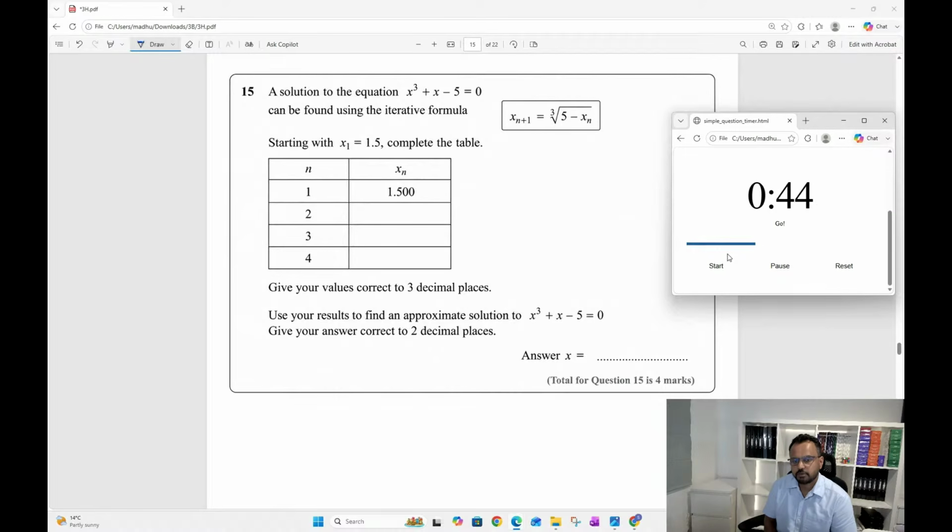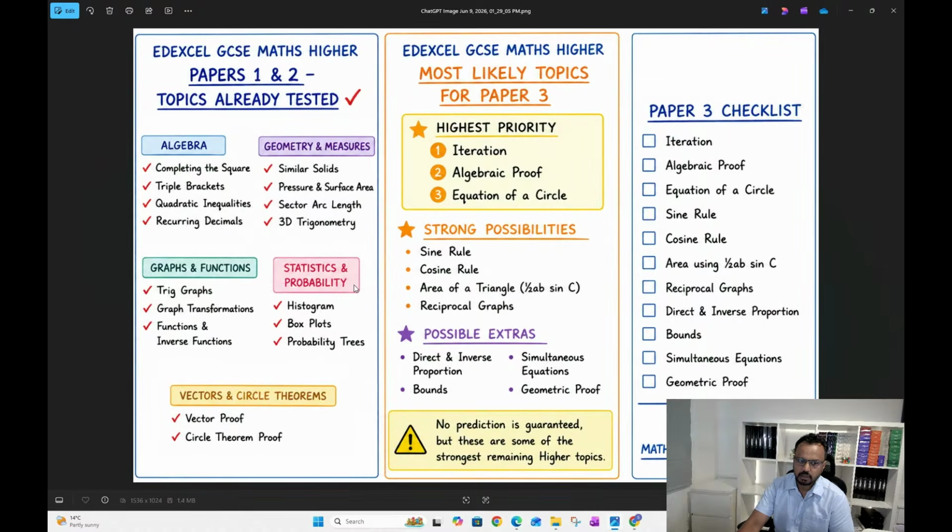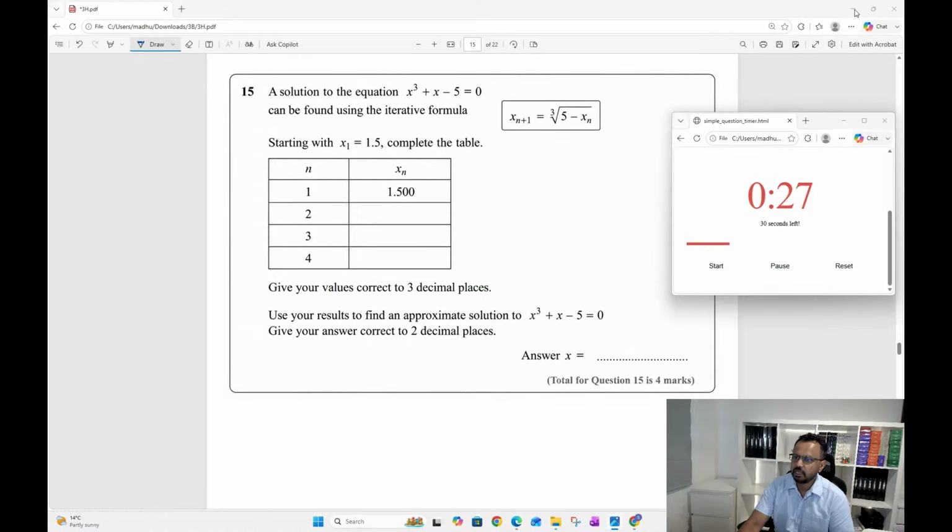Actually, I've got 2 predicted papers. I did paper A and paper B. A is on my channel, which I did as a PDF. I did the questions and recorded it. And this is B. I looked into the possible questions that we can get, and I could not fit them all into one paper, because it has to look a certain way, starting from the easier ones, getting progressively harder.